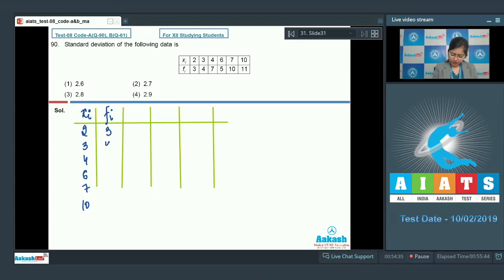And the Fi are 3, 4, 7, 5, 10, 11. Finding the value of Xi into Fi, it will be 6, 12, 28, 30, 70, 110. The summation of Xi Fi will be equal to 256 and the summation of Fi is 40.